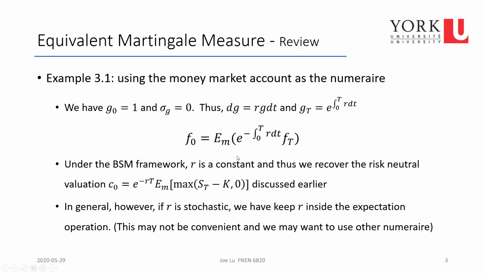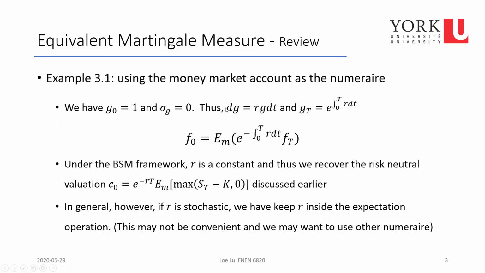Now, as I mentioned earlier, a natural choice of numerator is the money market account in the domestic currency. Let's just review that and make sure we are clear on what we need to do if we select the money market account of the domestic currency as a numerator.